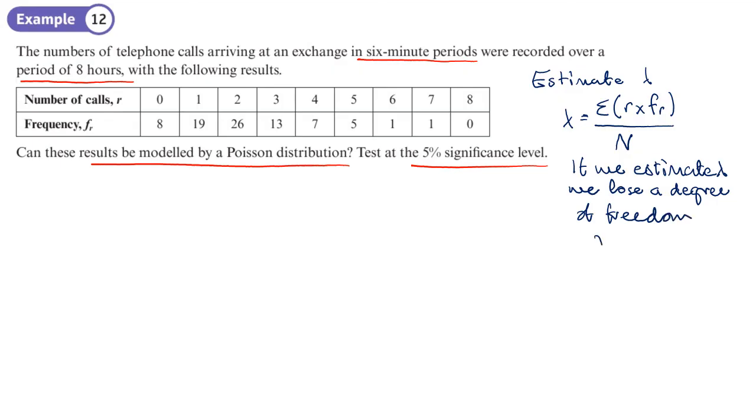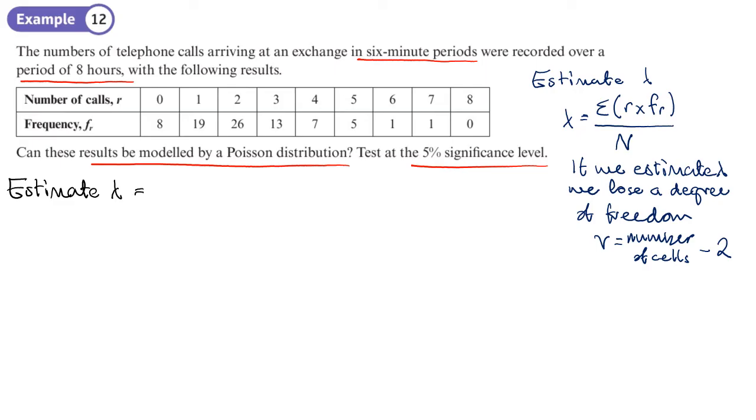So the number of degrees of freedom is going to be the number of cells after combining minus 2, just like before. So the first thing we need to do is to set up the hypothesis test. But before we do that, we are going to calculate, or estimate, lambda.